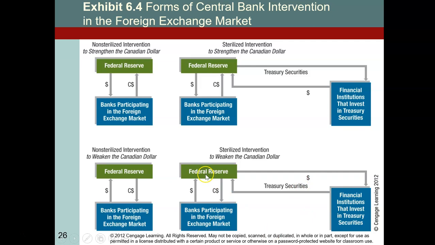When we are exchanging Canadian dollars for US dollars, we are increasing the reserve for US dollars in the Fed, but by buying back Treasury securities, we decrease the US dollar reserves again. So this is a sterilized intervention.